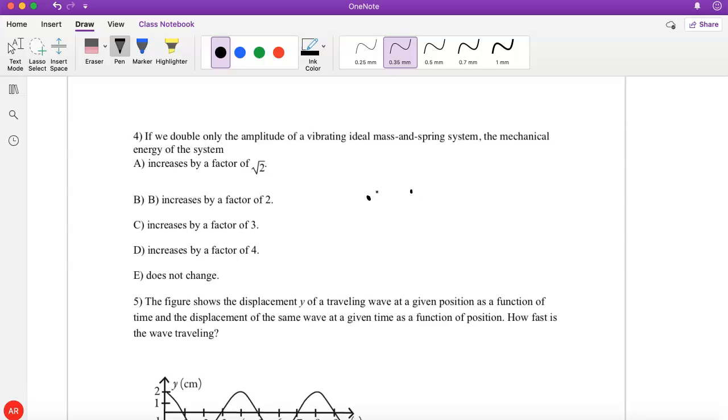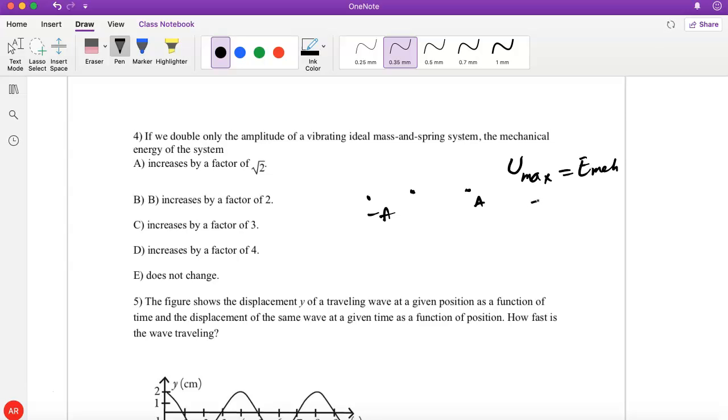Let's say you're oscillating between minus A and A. So when you're over here at x equals 0, all the energy is kinetic. Here, all the energy is potential. So the maximum potential energy is equal to the maximum kinetic energy, and it's equal to the mechanical energy.